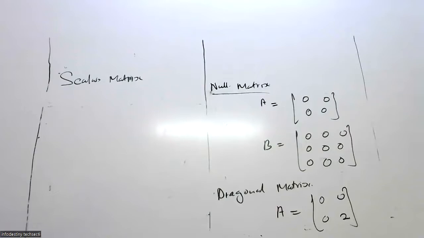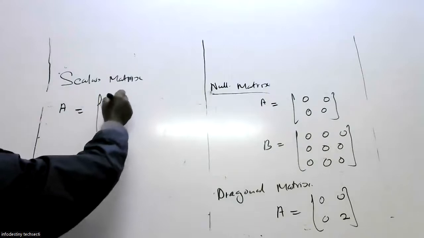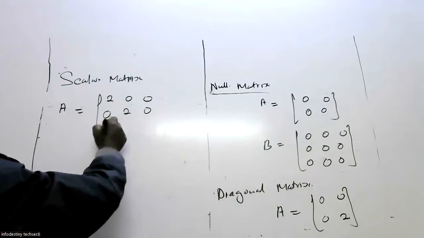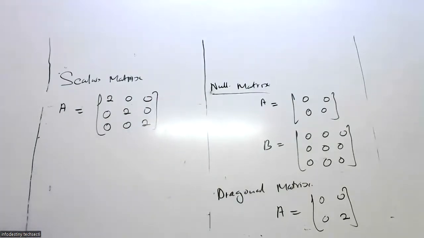This is a diagonal matrix whose leading diagonal elements are equal to one another. So we are talking about, for example, A equals 2, 0, 0, 0, 2, 0, 0, 0, 2. So the leading diagonal there is equal to one another.